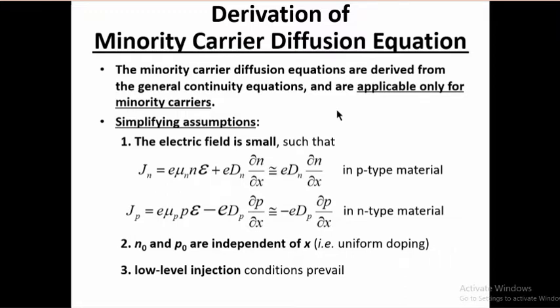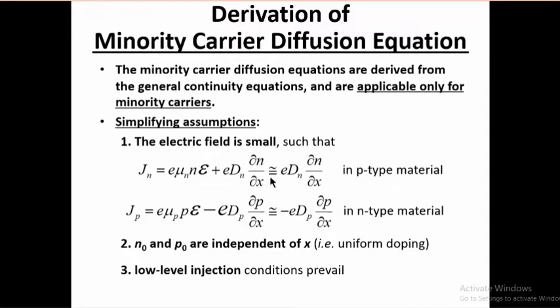So now if we want to derive for minority carrier, and we're only talking about diffusion only, we will write the equation and say the electric field in this case is small. This equation refers to the current due to electrons for a p-type material.